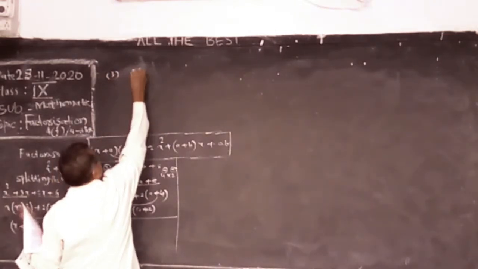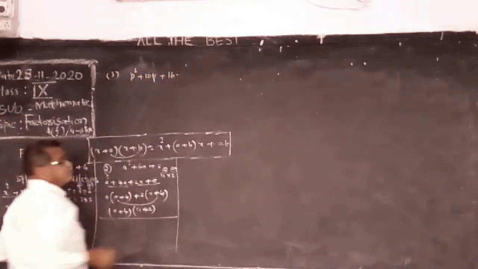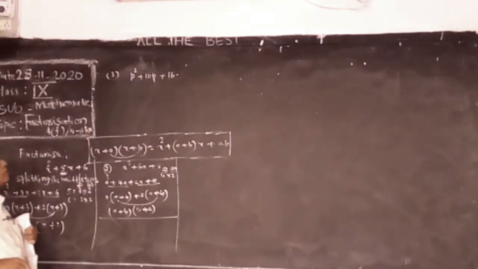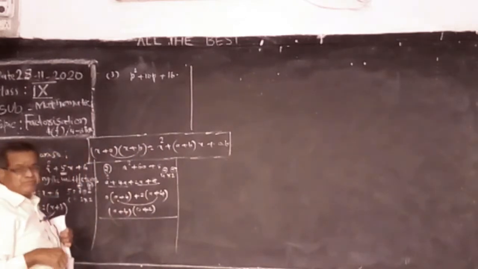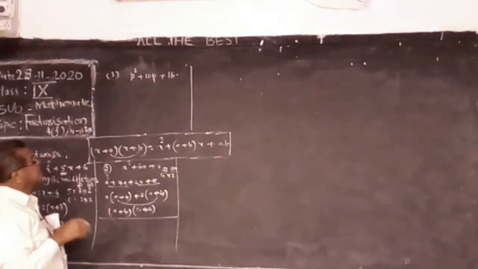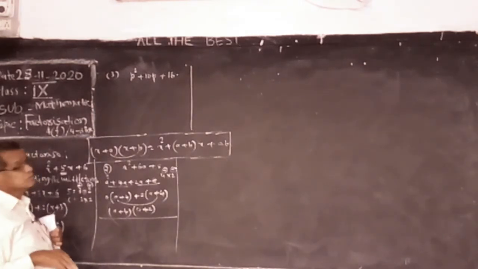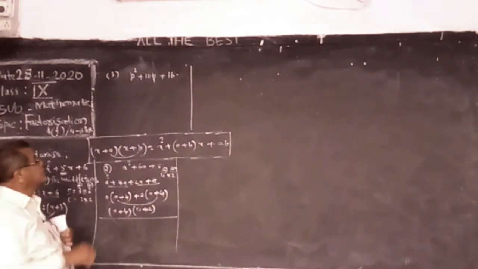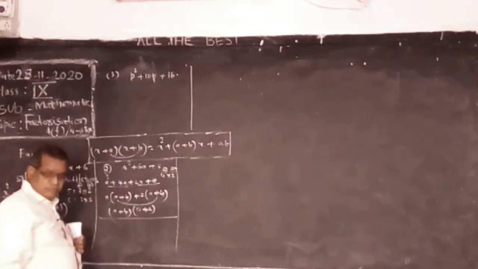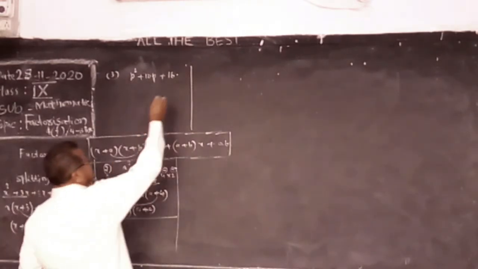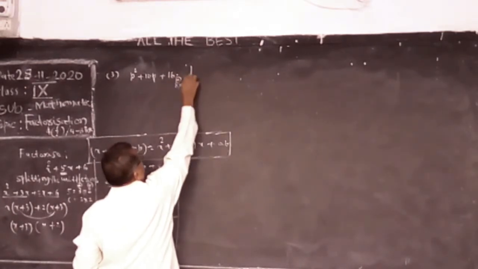Third: p squared plus 10p plus 16. The sum is 10 and the product is 16. 8 and 2 make 16, and 4 and 4 are also 16, but 4 plus 4 is only 8 and the sum needed is 10. So immediately write 8 into 2, 16, both are plus.